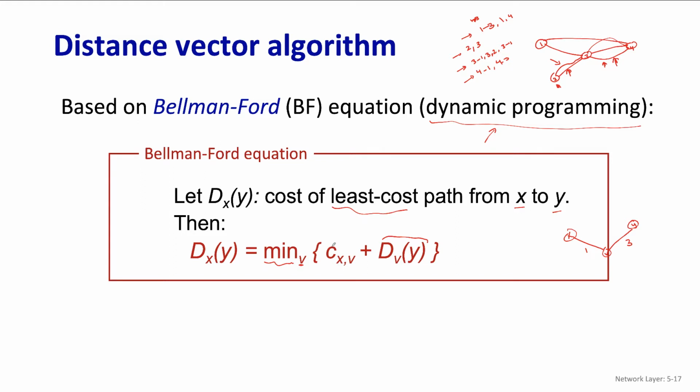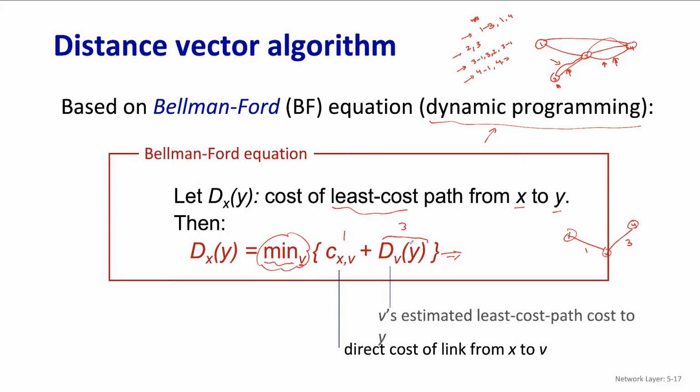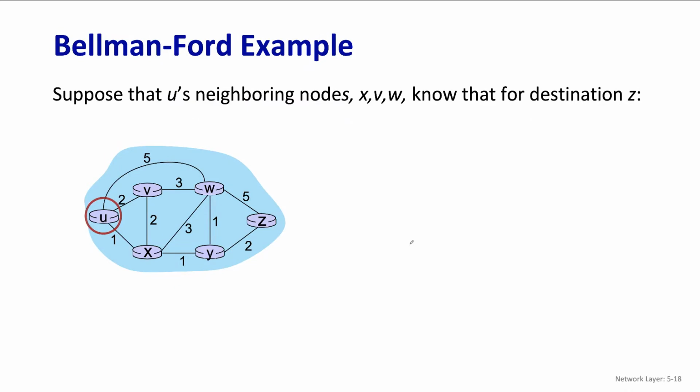So here x to v is 1, and from v to y it's already calculated before, which is going to be 4. At this point, since we have only one link, this is going to be the minimum value. But if we have multiple links, then we will have to consider the minimum value. Okay, so let's go and check this one.